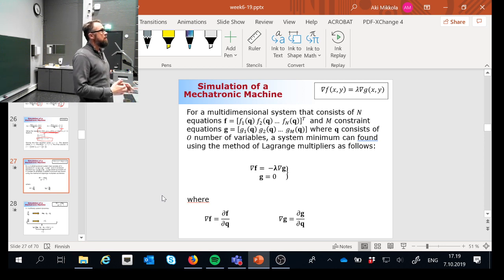Well, the procedure will be all the same, so no difference whatsoever. What we need to do is take all the functions and compute the gradients with respect to all the variables. So that we already have.